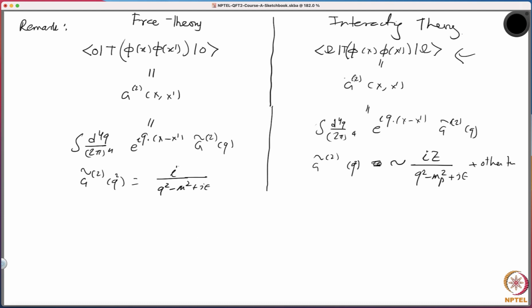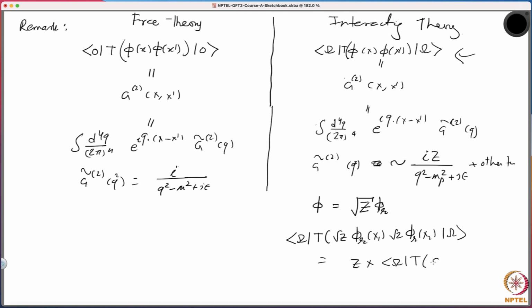So if I take, instead of phi, phi r as the fields, and multiply a factor of square root of z, then if you do the same thing, the correlation function will be just z times the original correlation function in terms of these phi r fields.